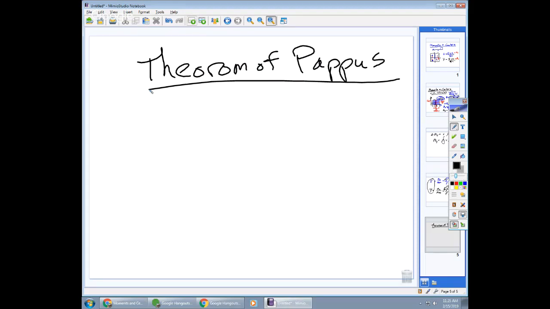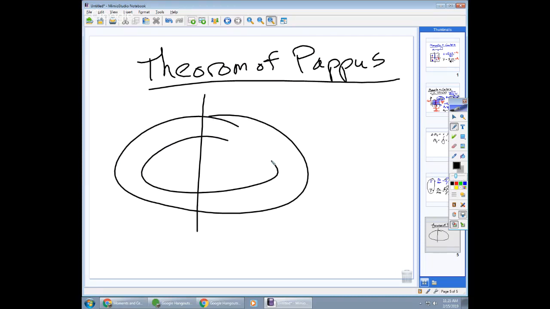What the Theorem of Pappus says is if you have a line that you're rotating something about to generate a 3-dimensional object, like a donut, but it could be any kind of shape like that.